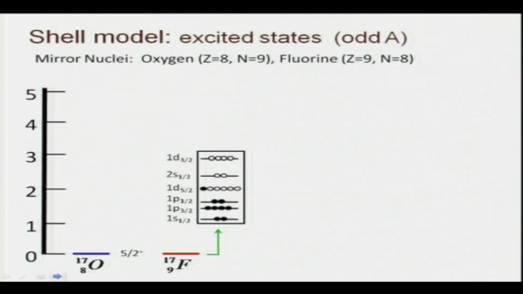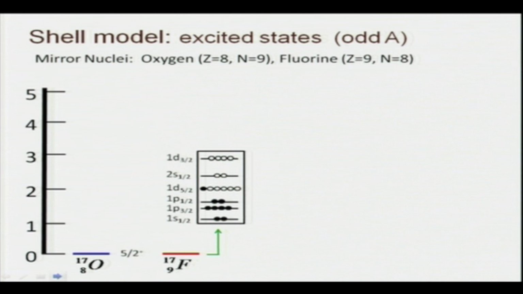So, the 9 neutrons are filled in this fashion: 2 in 1s half, 4 in 1p 3/2, 2 in 1p half, and the unpaired single neutron is in 1d 5/2. Indeed, the ground state I value, the spin, is equal to 5/2, and for parity, it is an L equal to 2 state, therefore parity is equal to plus 1.